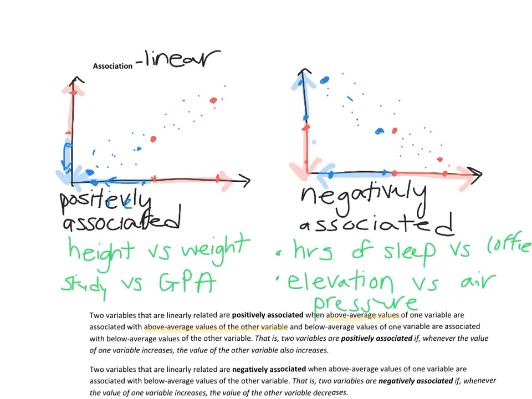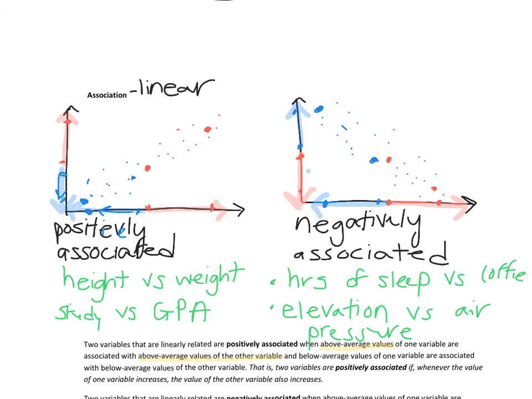So if we were to come up to our positively associated, and we'll do, let's say the average value is right in the middle. So that's for our explanatory, and then this could be the average value of your response. Okay, so notice that this quadrant right here, it's above average for the explanatory variable, and it's above average for the response variable.